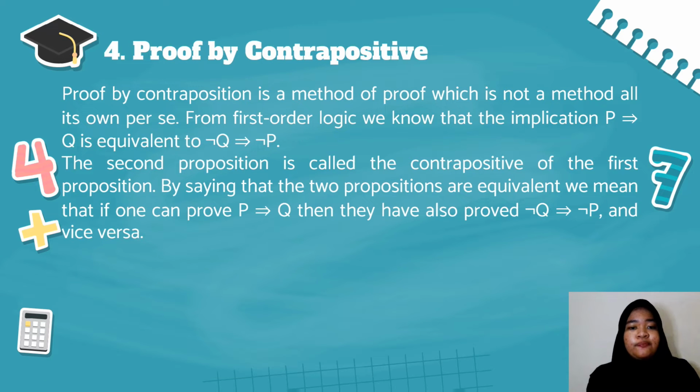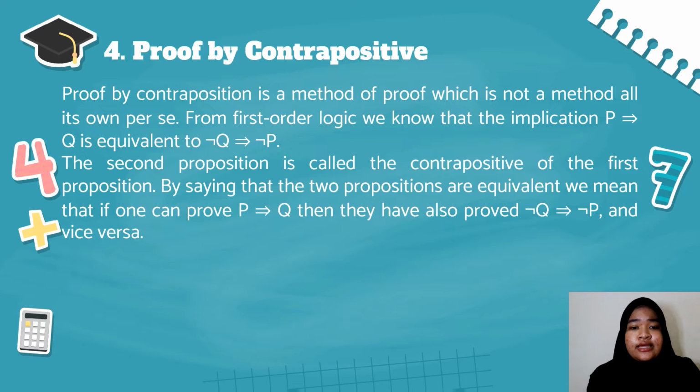Fourth, proof by contrapositive. Proof by contrapositive is a method of proof which is not a method all its own pairs. From first order logic, we know that the implication P implies Q is equivalent to negation of Q implies negation of P. The second proposition is called the contrapositive of the first proposition.